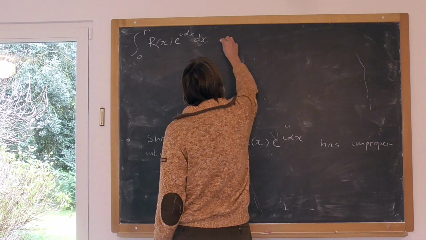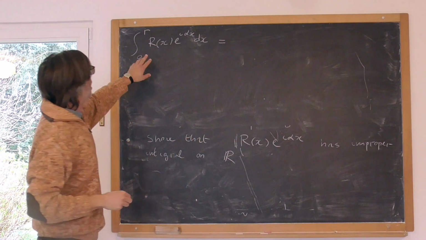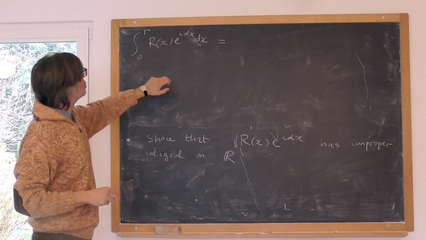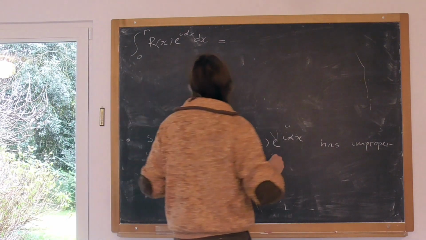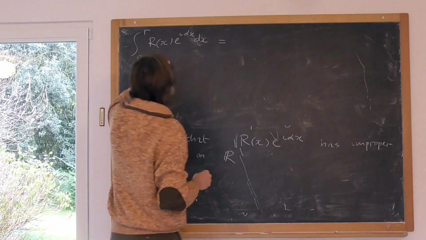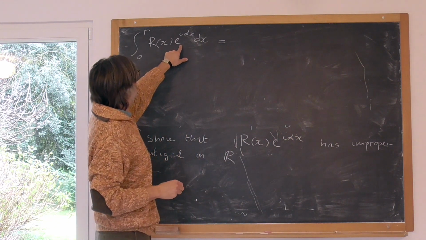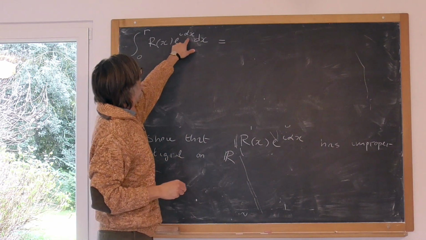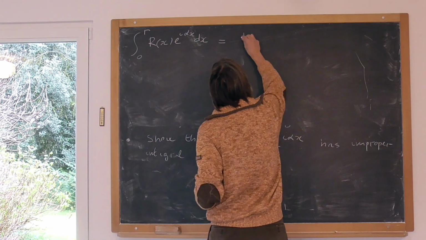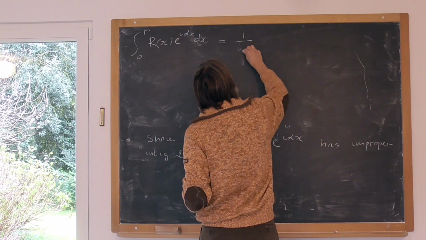So here what we can do is a partial integration. So we integrate by parts, writing a primitive of e to the i alpha x, which is 1 over i alpha.